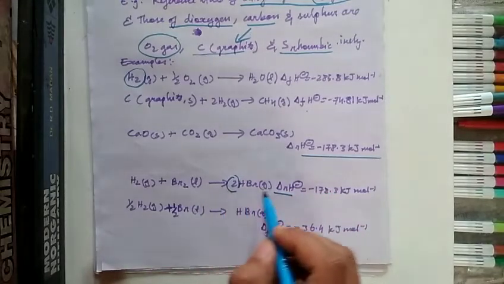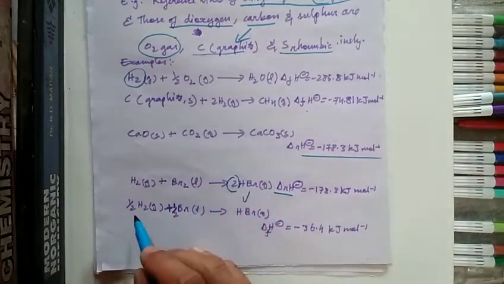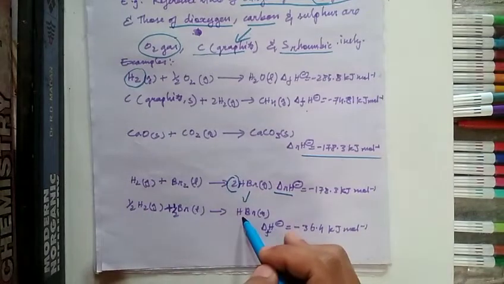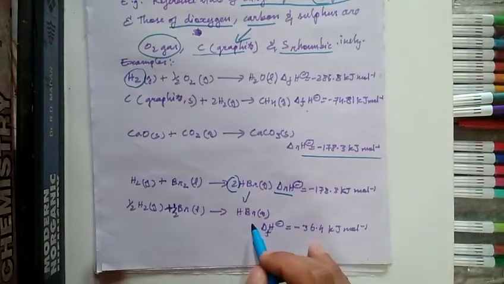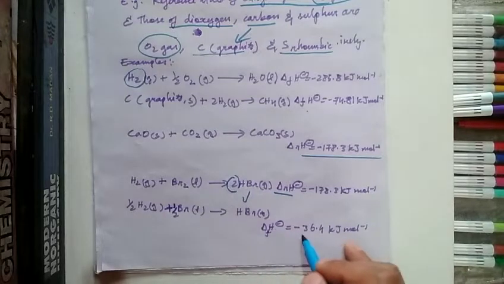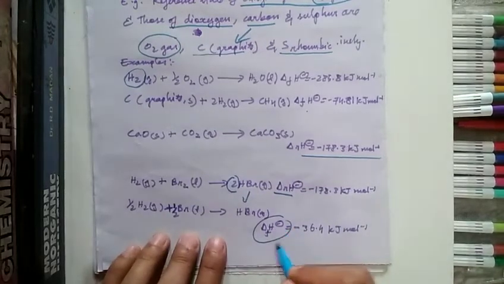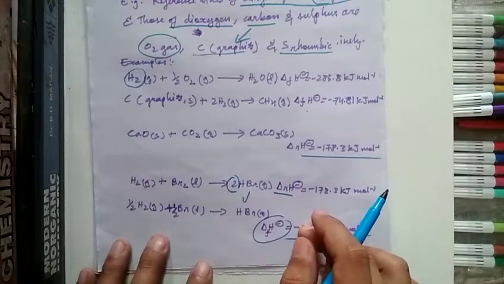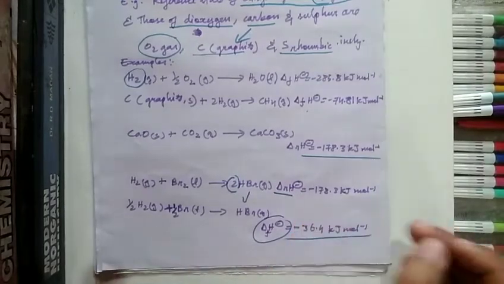Now in order to make it 1 mole, we divide the coefficients by 2, so half to give 1 mole. So this is standard enthalpy of formation, and we denote it by this. The minus sign indicates it is an exothermic process.